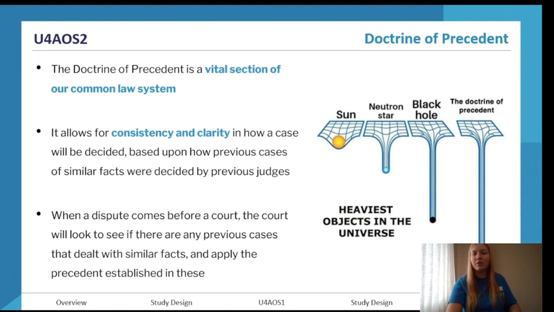So, who has to follow the doctrine of precedent? All judges in all the courts that are lower than the court in which the initial precedent was established, where there is a similar set of circumstances. So, for example, say the Supreme Court establishes a precedent around some law that was vague, and they expanded that. And then the County Court gets a case that is similar, the same issue.